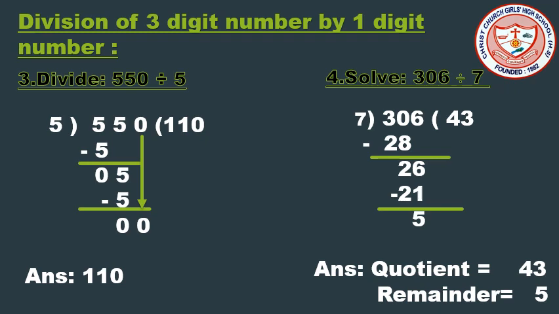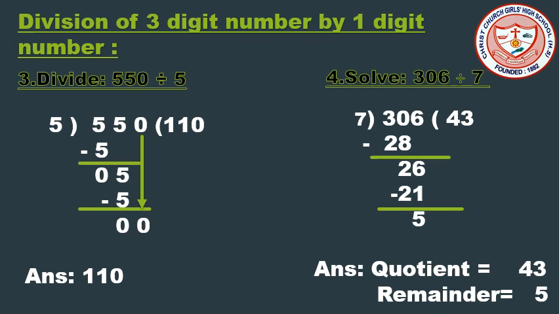Got it? Now in the second step we are going to bring down 5 tenths. So now we are going to calculate 5 tenths divided by 5. That equal to 1 tenth. So now we are going to write 1 in the quotient and 5 below 5. And we know 5 minus 5 equal to 0. Now the last step.